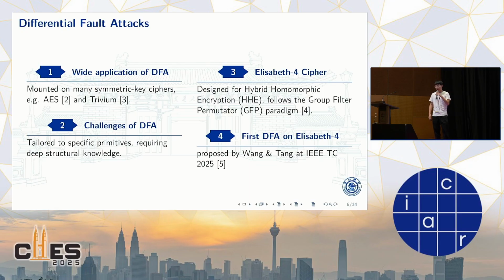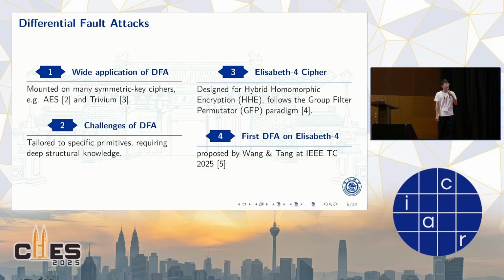Elizabeth IV follows the group filter permutator paradigm, GFP paradigm, which is greatly different from previous methods like LFSR or NLFSR. This new design makes the previous DFA methods inapplicable to Elizabeth IV.